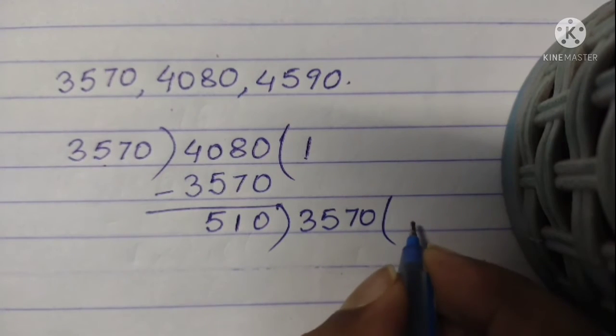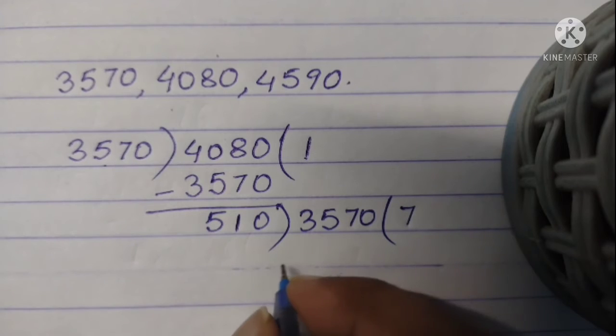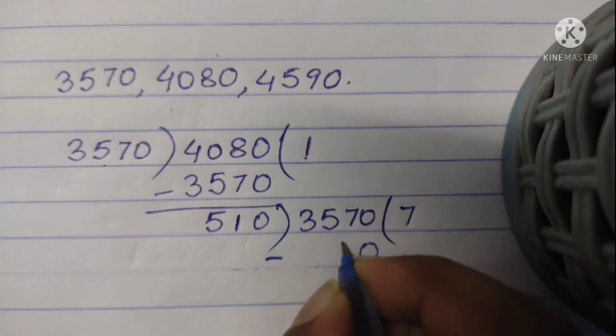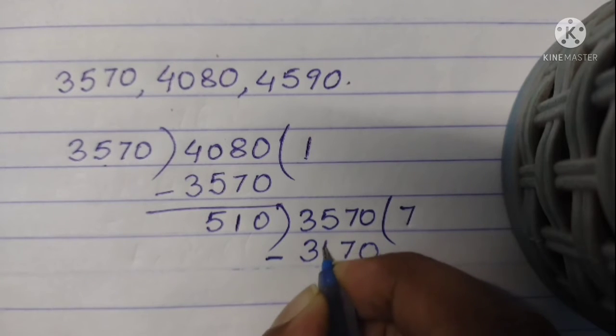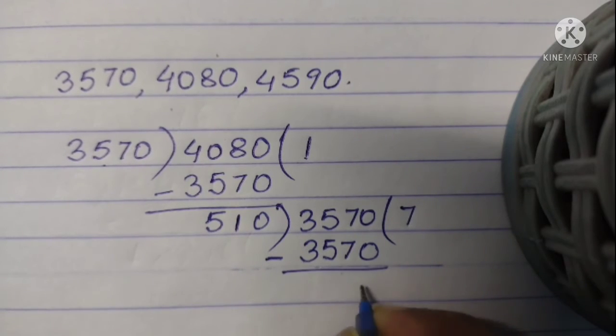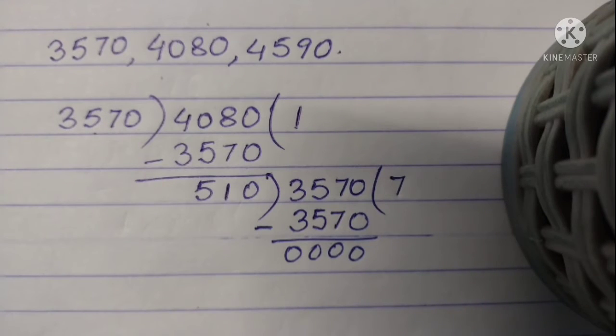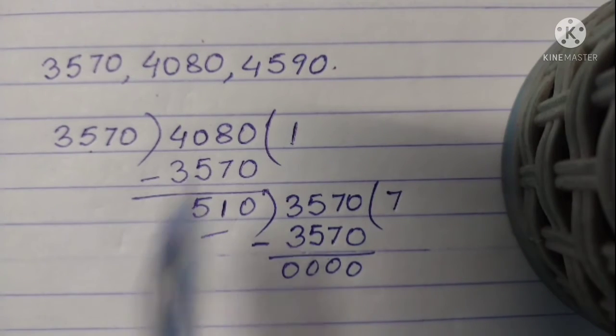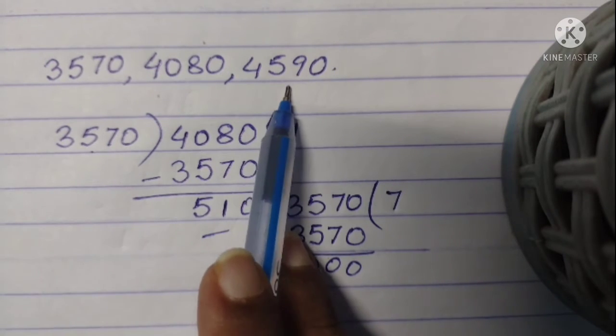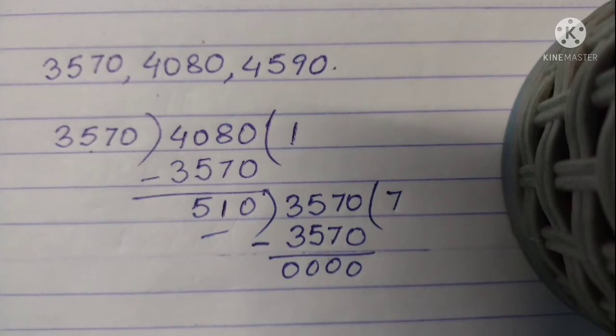So 510 into 7 is 3570. The difference is 0. What is our last divisor? 510. And one more number is still left, that is 4590.